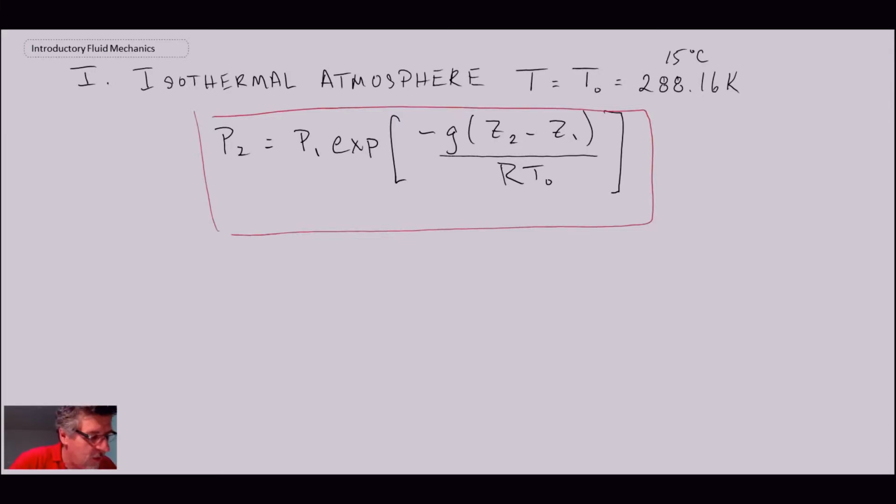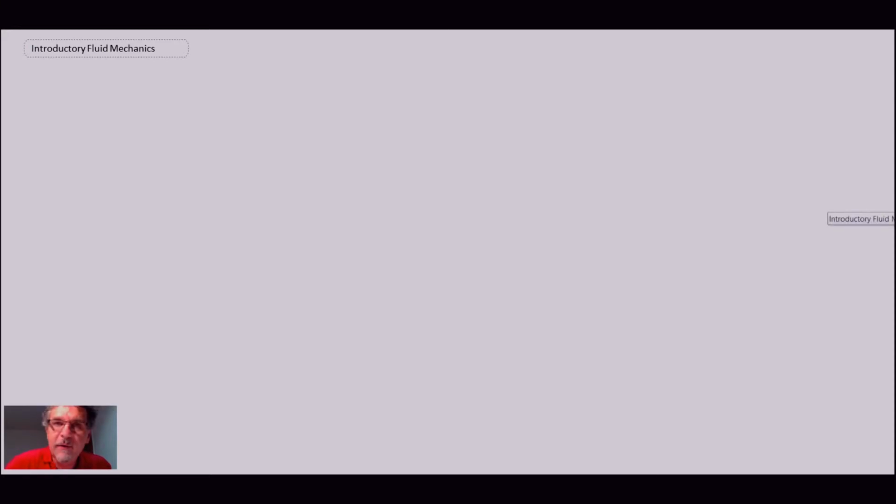Fairly straightforward. Now, in reality, the atmosphere is not isothermal. It does change as you go up with elevation, and there are different models. We have a US standard atmosphere that we quite often assume.